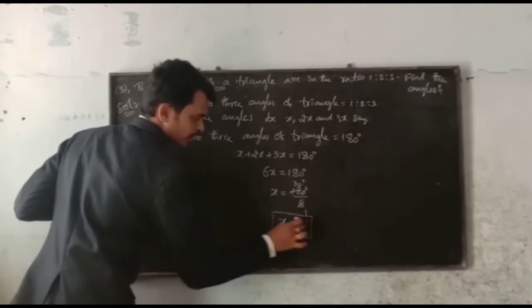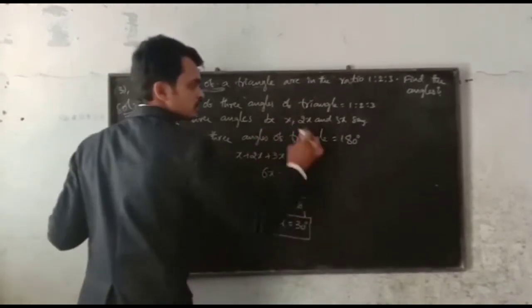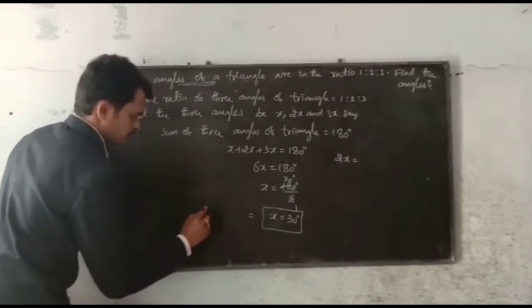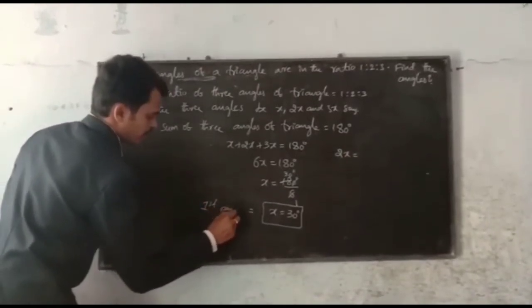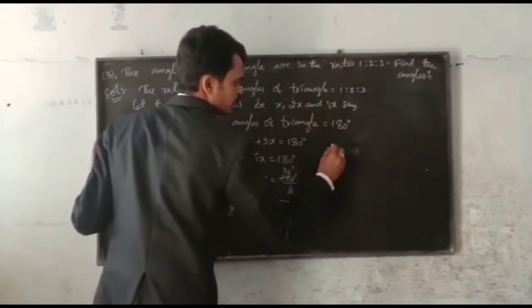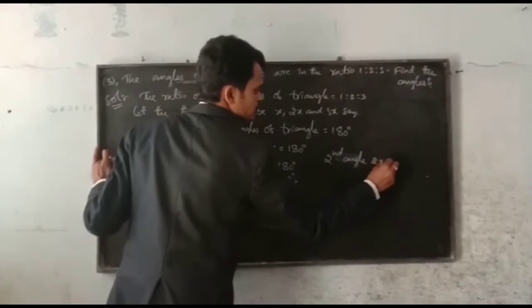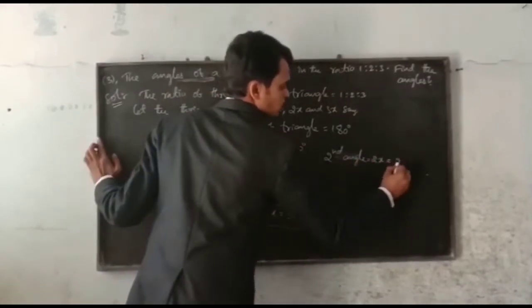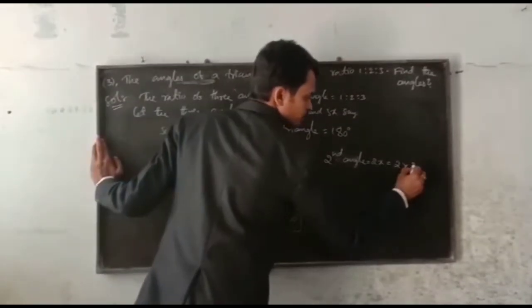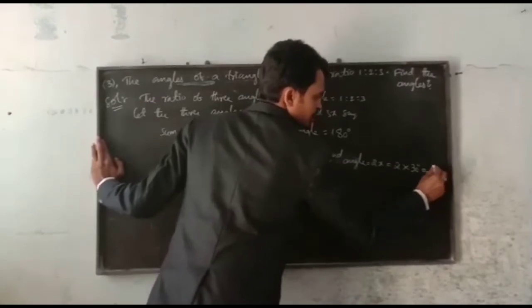So x is one of the angles of the triangle. Now next, 2x. This is the first angle, and 2x is the second angle. 2 into x value 30 degrees. So in the place of x we have to substitute 30 degrees. So 2 times 30 is 60 degrees.